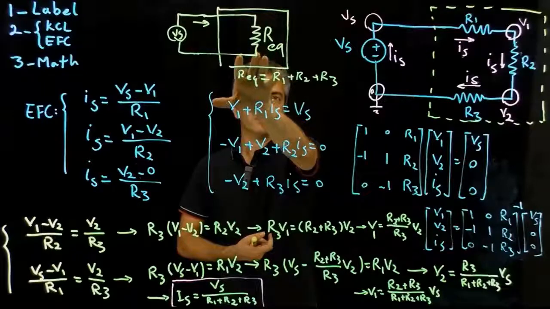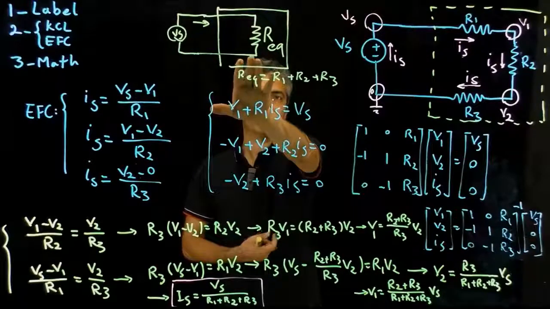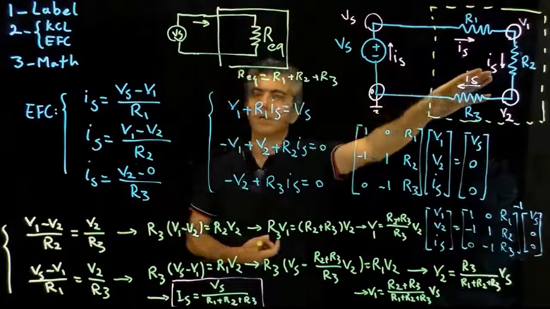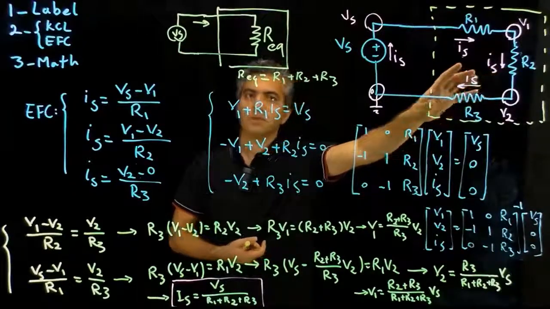Whatever current this equivalent resistance gives you would be the same current that the box is going to give you.